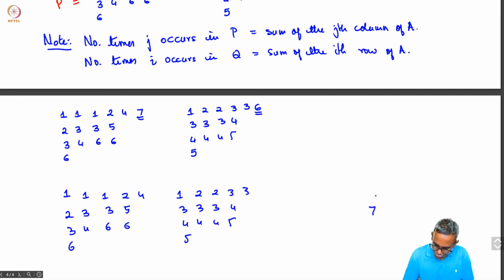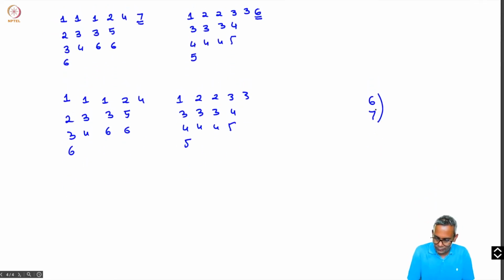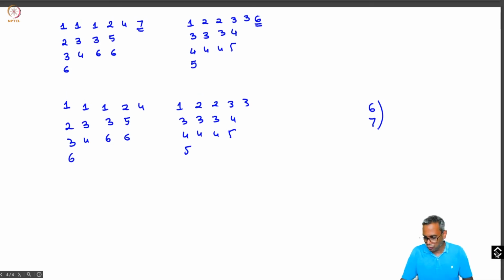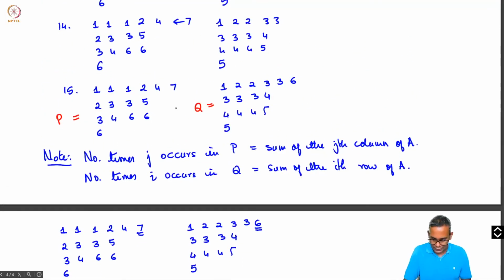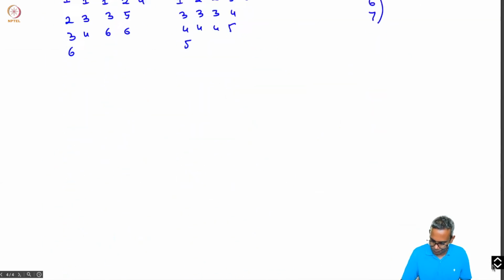That means the last j in our 2-line array must have been 7, and the last I in our 2-line array must have been 6. Okay, so this is what the situation was just before the 15th step. Indeed, you can see we had inserted a 7 and we had recorded a 6. And the last entry in our 2-line array was 6, 7.